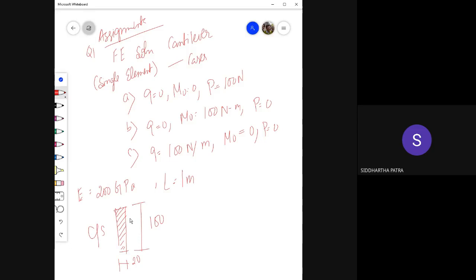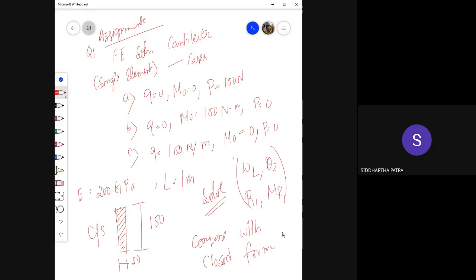So for each case, determine W2, theta 2, obviously W1 and theta 1 are 0, and accordingly find out R1 and MR1. Solve for these four quantities. And not only that, compare the solution that you get from the closed form version of it.